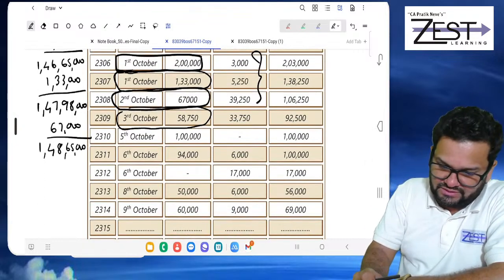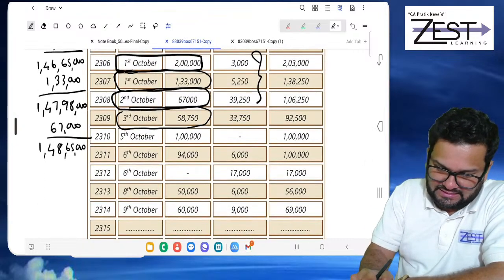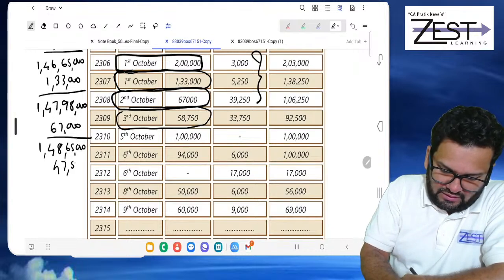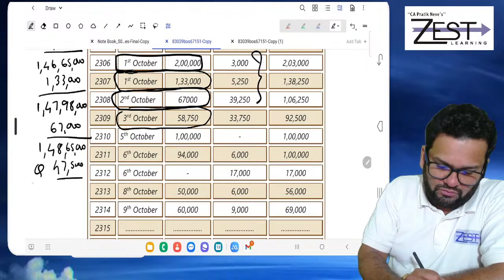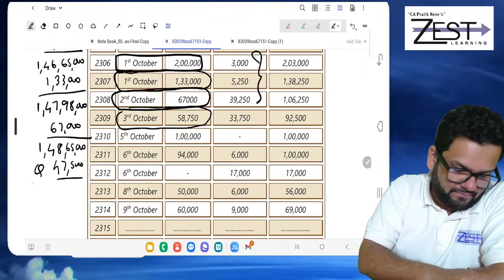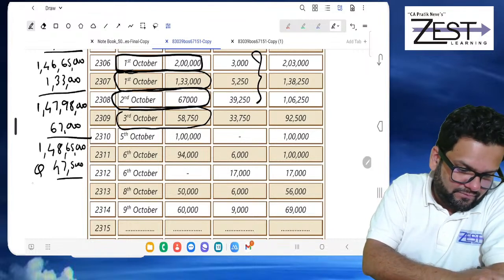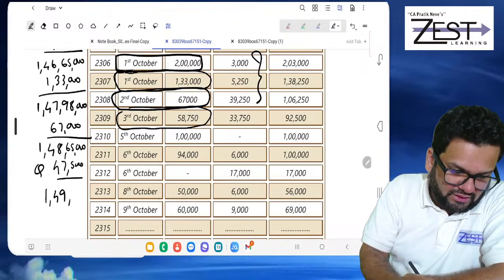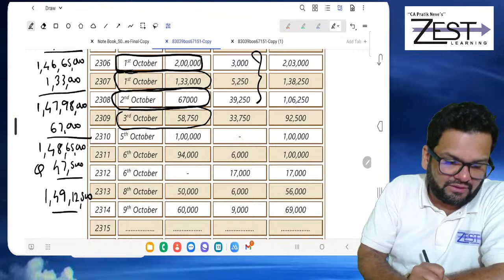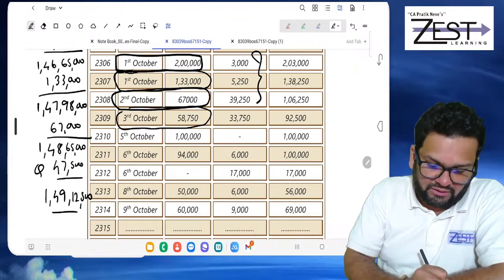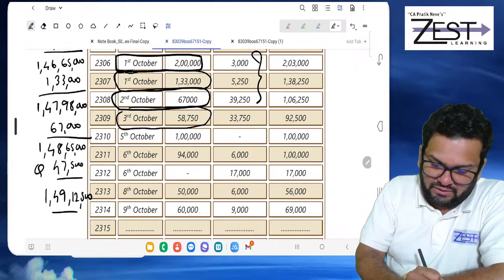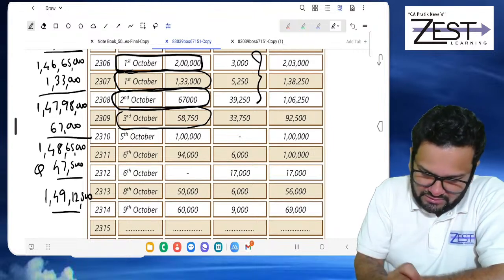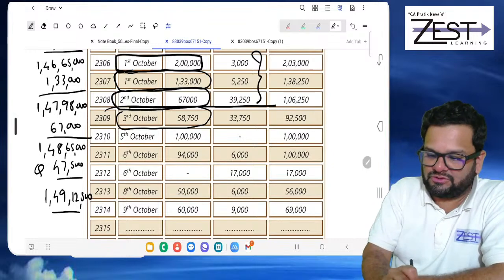So friends, this is of all Q. So I am going to get 1 crore 49 lakh 12,500 till what date? Till 2nd October I am getting that much.